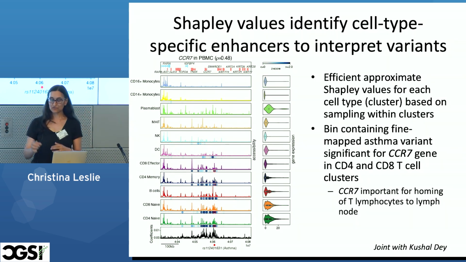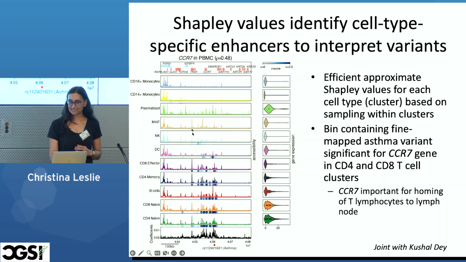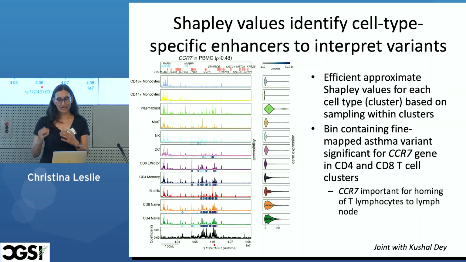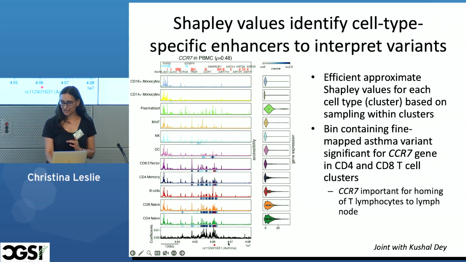And we can take those Shapley scores and assess their significance, and that's what these blue dots are. And then if you have a fine-mapped disease-associated variant, you can see if your variant falls in a tile that has a high Shapley score and which cell type it's important for. Okay, so this is an asthma-associated variant, and you can see that it's significant just in the CD4 and CD8 T cells.